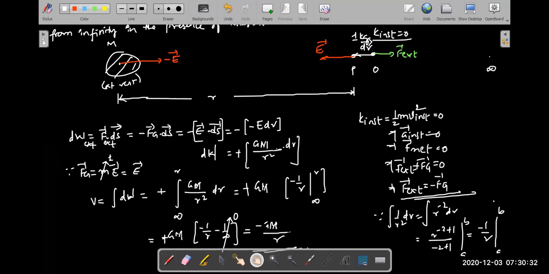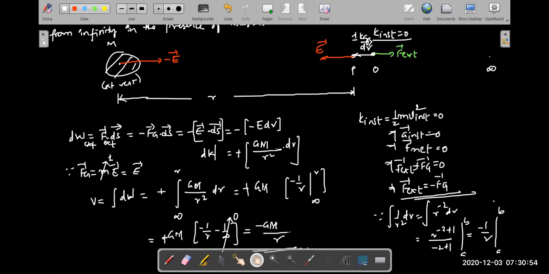So this is gravitational potential at a point above the Earth's surface. That means at a particular height, you get this potential as minus G capital M by r, where M is the mass of the Earth and r is the distance.